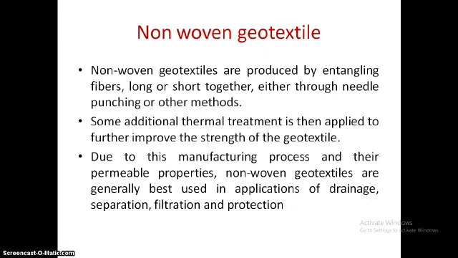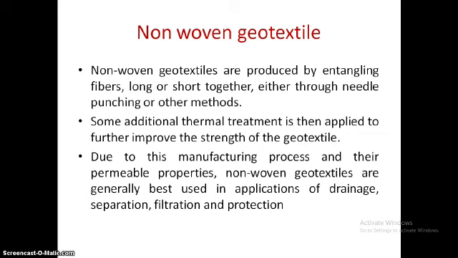Non-woven geotextile. Non-woven geotextiles are produced by entangling fibers, long or short, together either through needle punching or other methods. Some additional thermal treatment is then applied to further improve the strength of the geotextile.